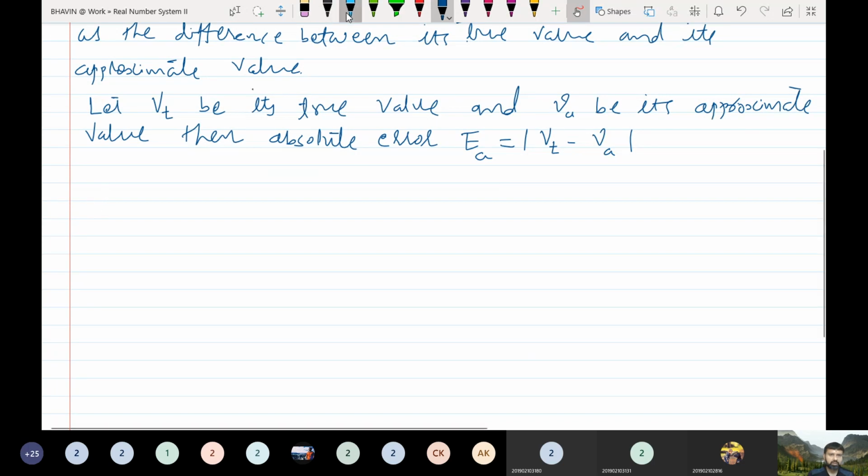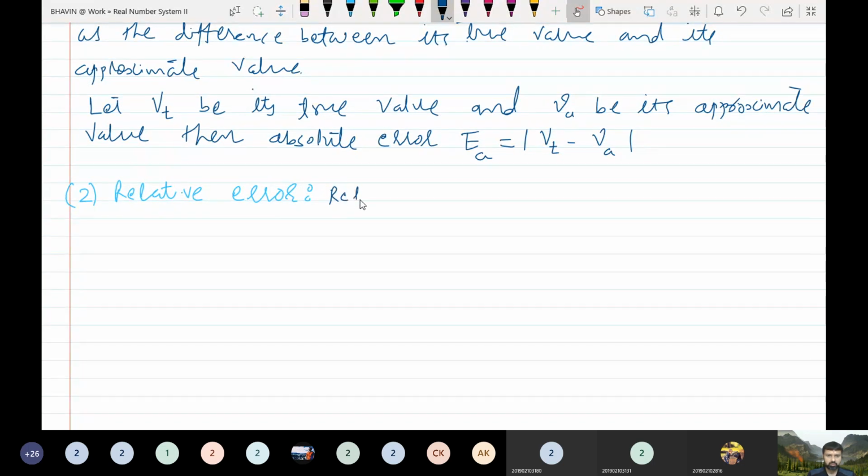Okay, now let me define the second error. The name of the second error is the relative error. So if I take absolute error EA, and if I divide this EA by its true value, then it is known as relative error.